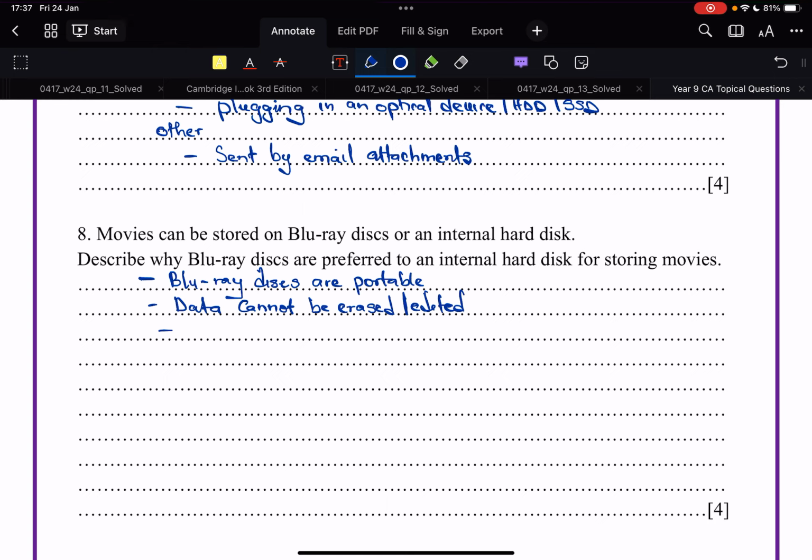Describe why Blu-ray discs are preferred. The reason why it is preferred is that it doesn't take up internal storage. Very important: it does not take up internal storage.